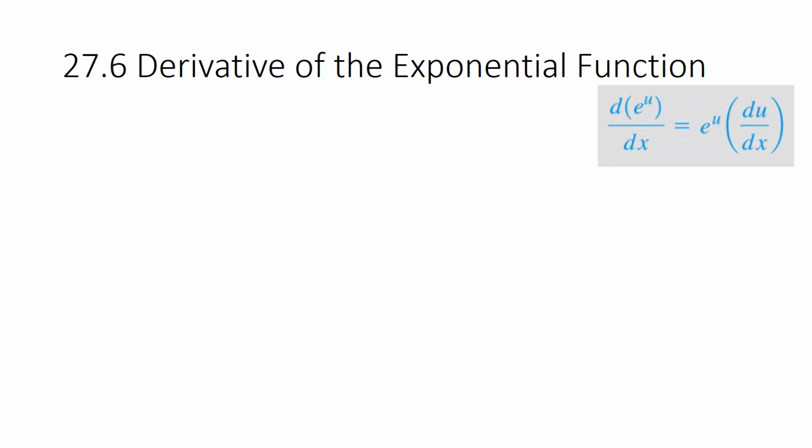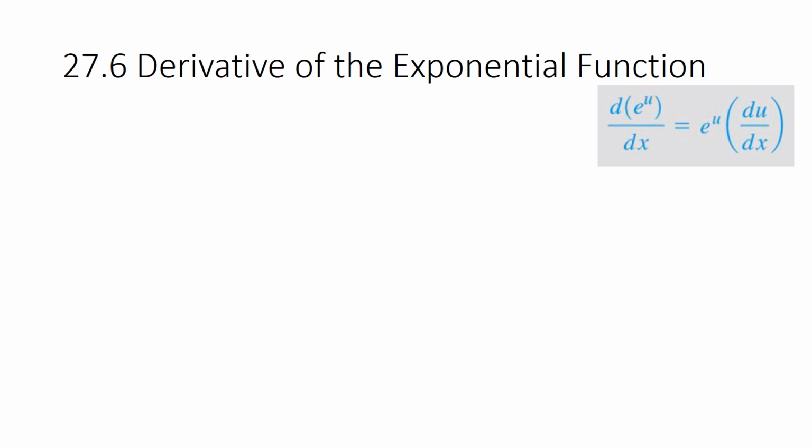Exponential functions are when we're taking a constant and we're raising it to a power that's an entire function of x. So in this case, e raised to some function, the derivative of that is equal to e raised to that same function times the derivative of that function. That's the only one where it's simple.